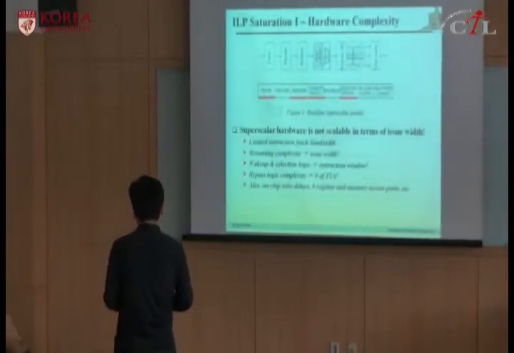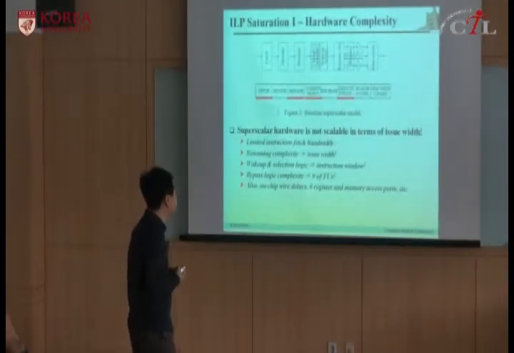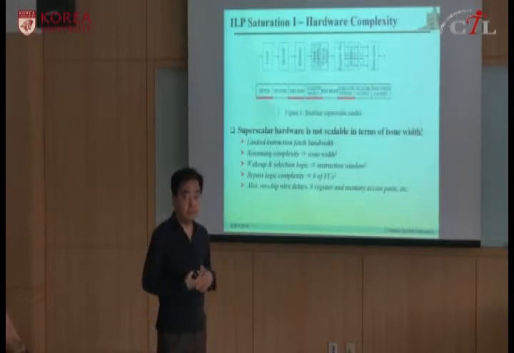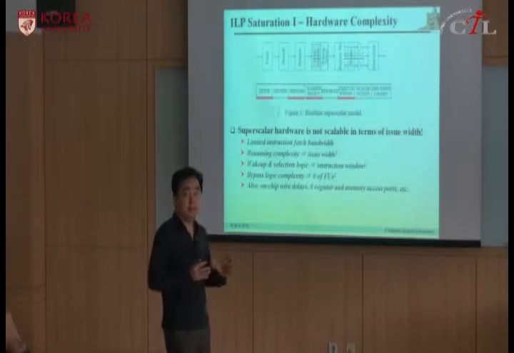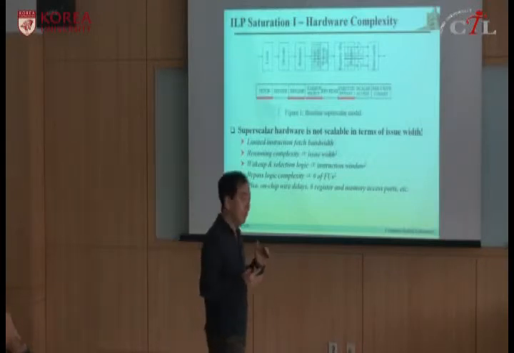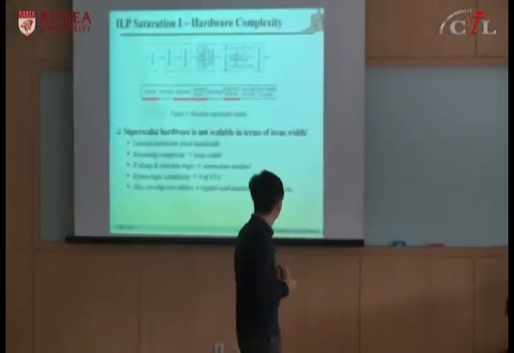Overall, superscalar processor is not scalable in terms of issue width. You want to improve performance and increase IPC, but as you increase your issue width, the hardware becomes more and more complex, and the performance gain you can achieve is smaller and smaller.